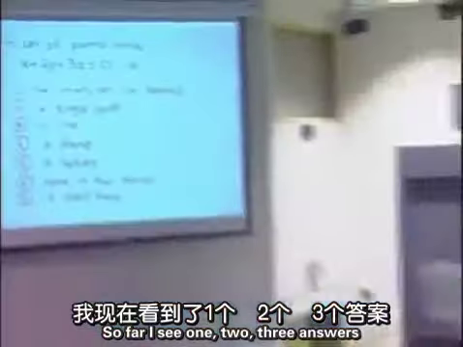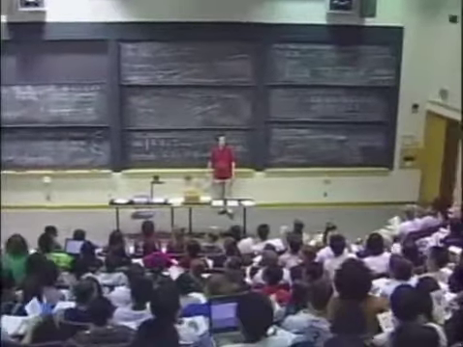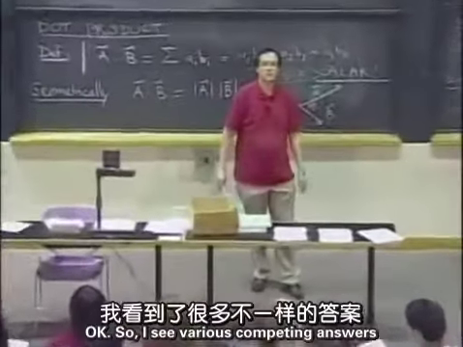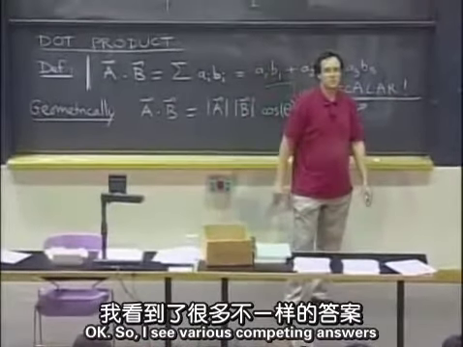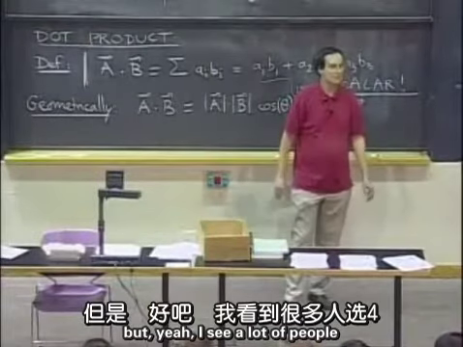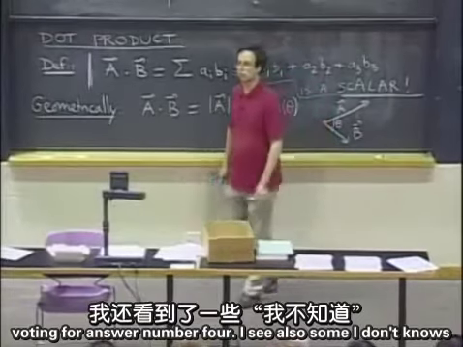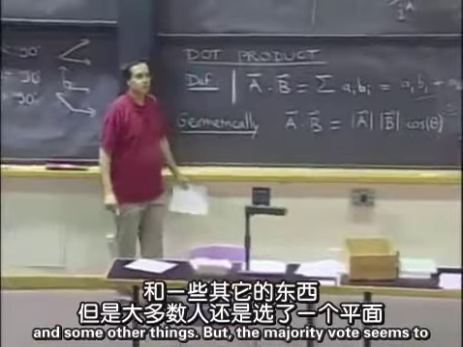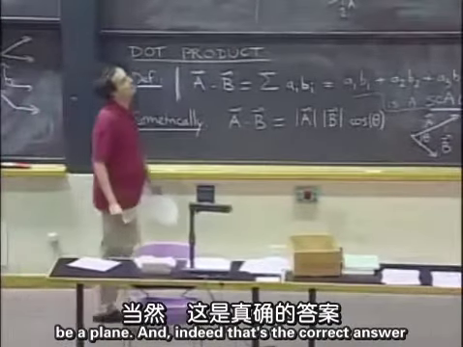So far I see 1, 2, 3 answers. I see various competing answers, but I see a lot of people voting for answer number 4. I see also some I don't knows, but the majority vote seems to be a plane.